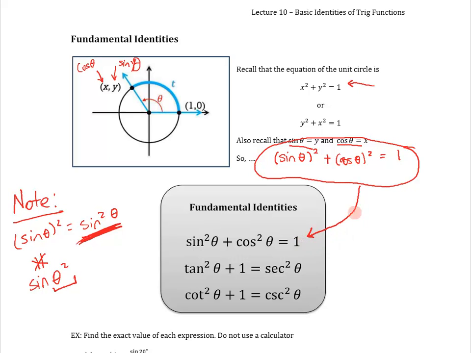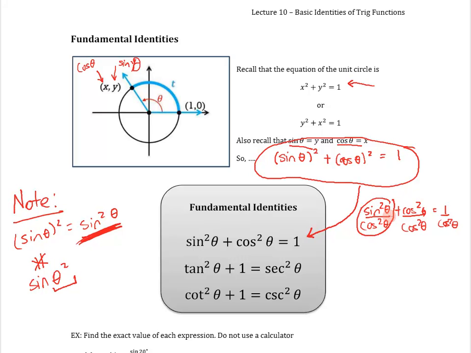In fact, look at this guy. If I take sine squared of theta plus cosine squared of theta equals 1, notice what happens if I divide everything by cosine squared. Divide the left-hand side by cosine squared and the right-hand side by cosine squared, which in effect is the same as dividing each term by cosine squared. Look at this guy.